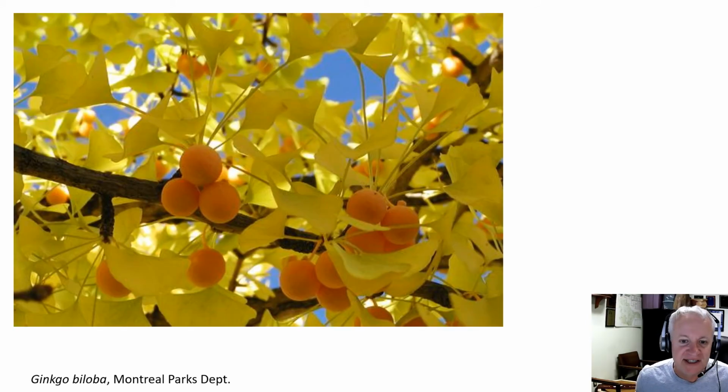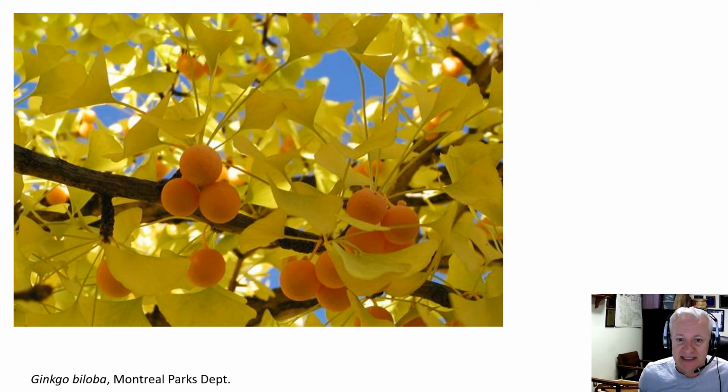Another dioecious forest tree species that a lot of people are familiar with or have heard of is ginkgo. And ginkgo still is to some extent, but a number of decades ago, much more so, is a very popular street tree, planted as an ornamental. It tolerates urban conditions well.